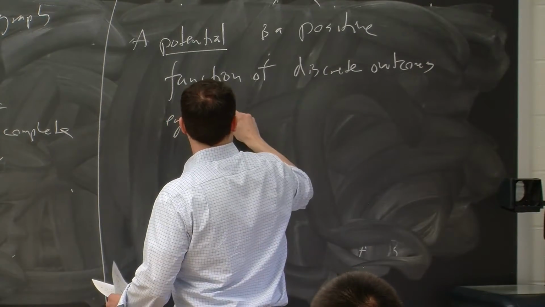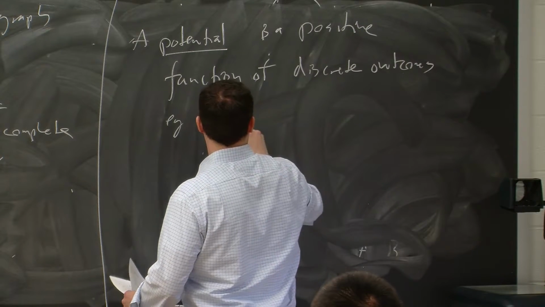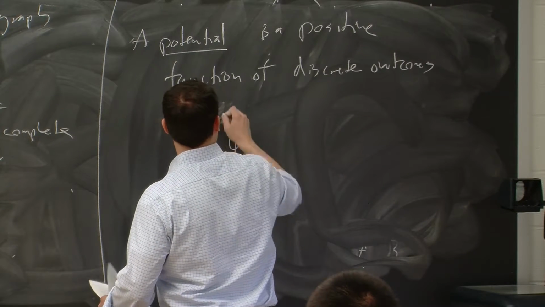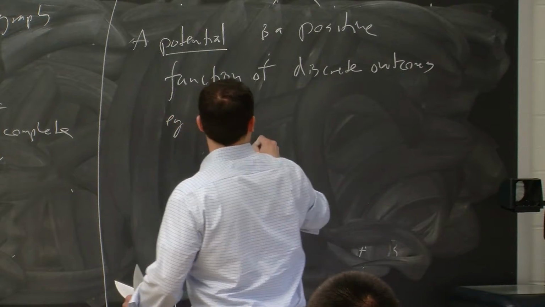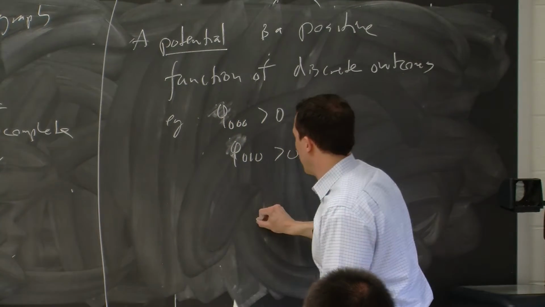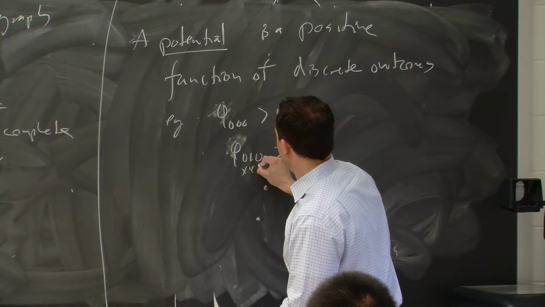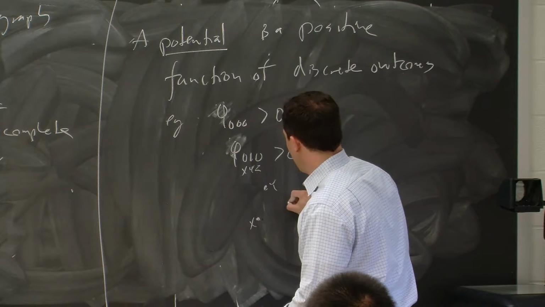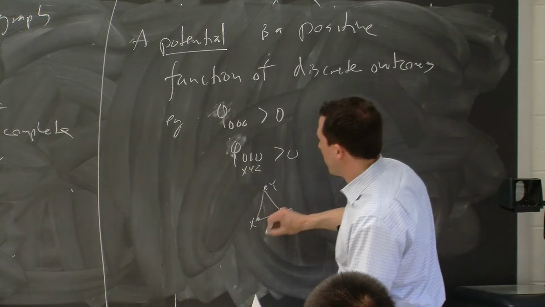For example, 0, 0, 0, let's call that phi, 0, 1, 0. And all of these things are positive numbers, and they depend on the x, y, z variables. Maybe these are binary variables.